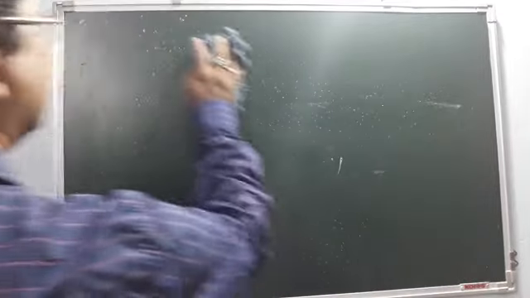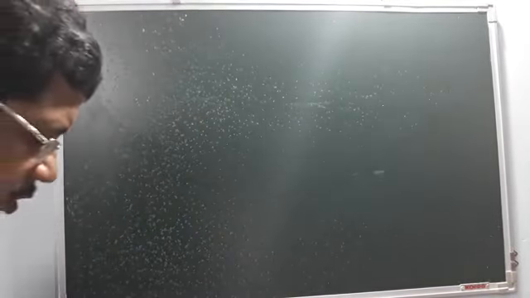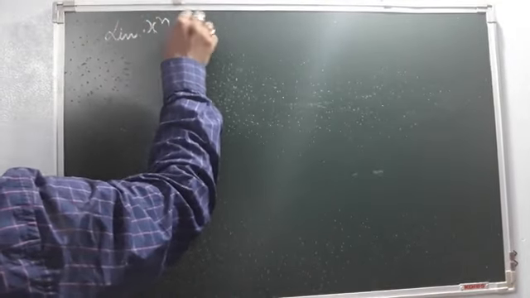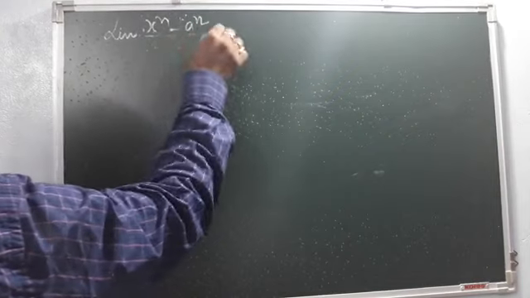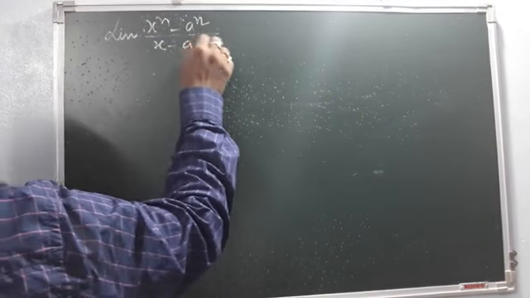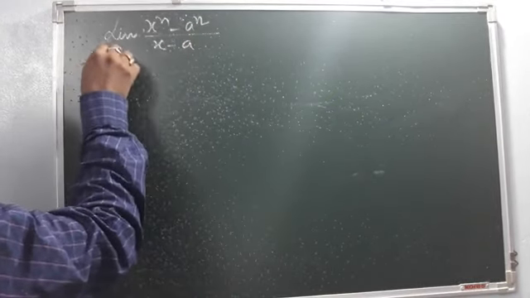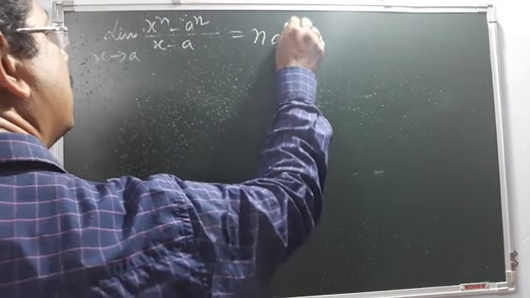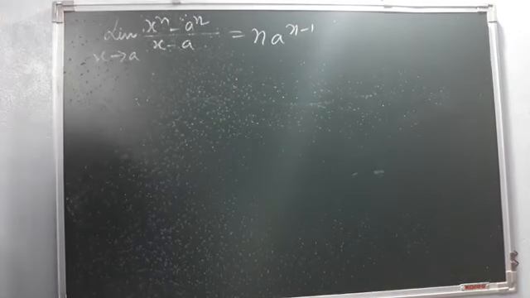Then another thing also you have to remember, that is second, that is called limit of x to the power n minus a to the power n divided by x minus a, as x tends to a. Its value is n a to the power n minus 1.